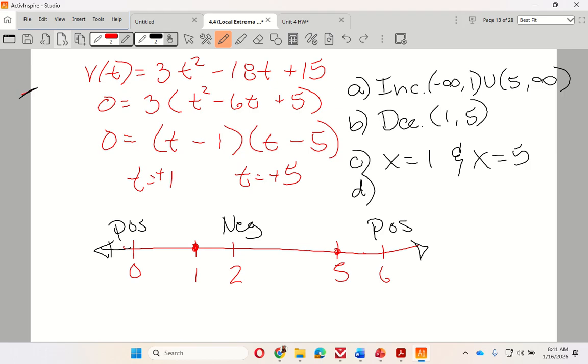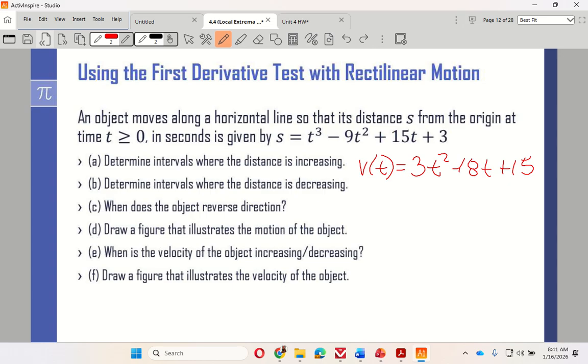So at 1, how far did we go in the positive direction? Remember, positive direction moves to the right. Negative direction moves to the left. So in my original function, I plug in 1. My original function, t cubed. So 1, minus 9, plus 15, 30.